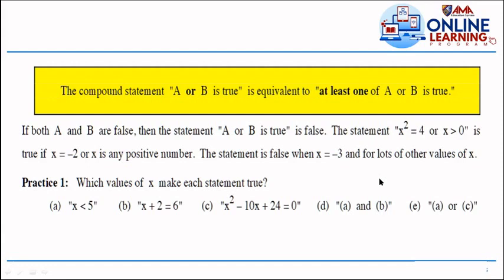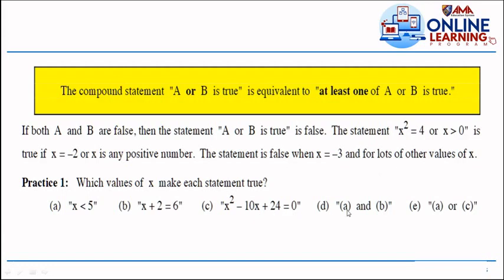So if you have scratch paper there, we have your D exercise number 1. Which values of x make its statement true? Letter A, x is less than 5. Letter B, x plus 2 is equal to 6. Letter C, x squared minus 10x plus 24 is equal to 0.